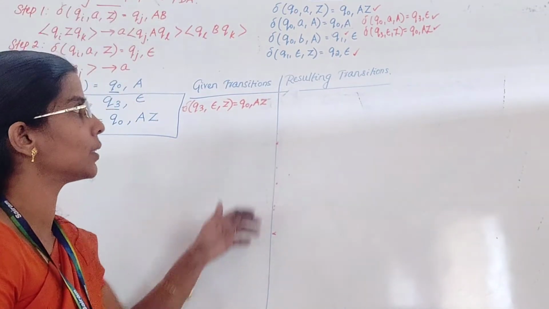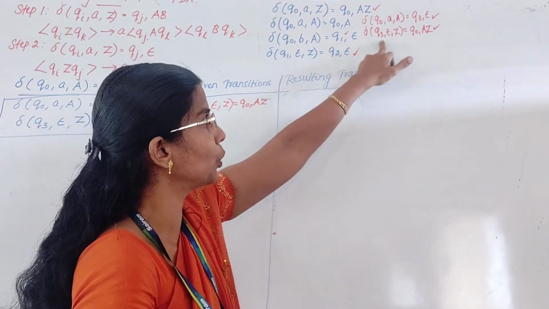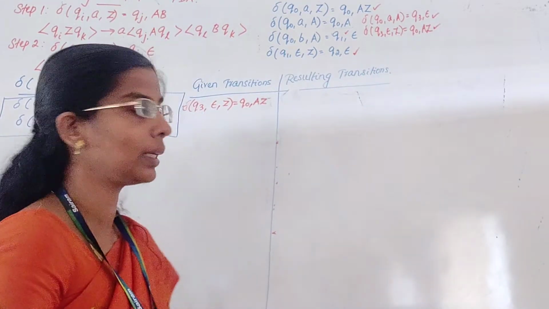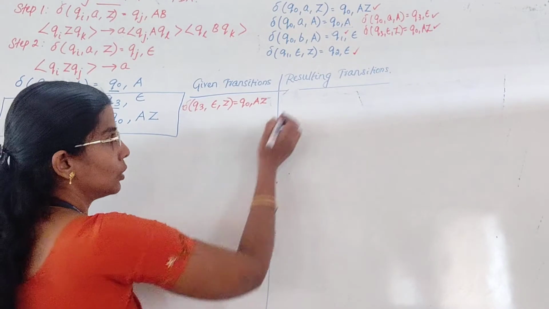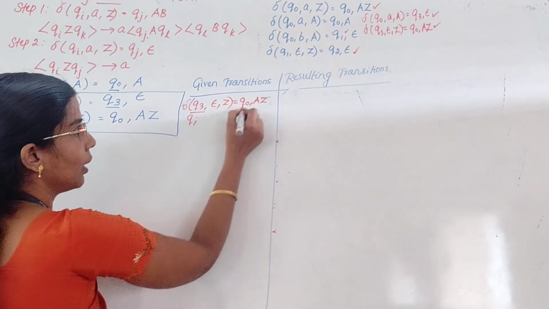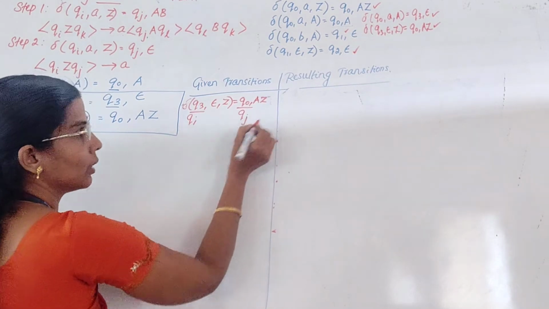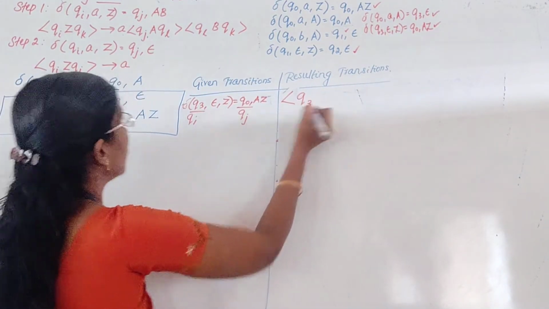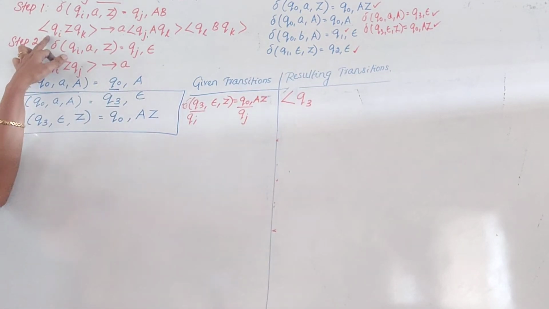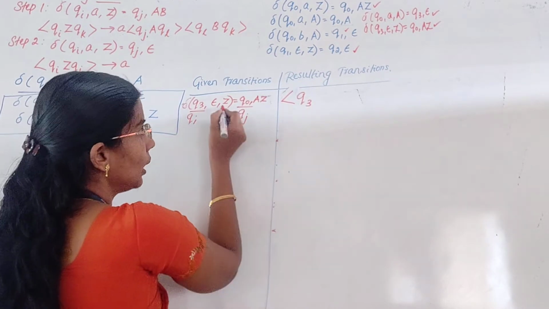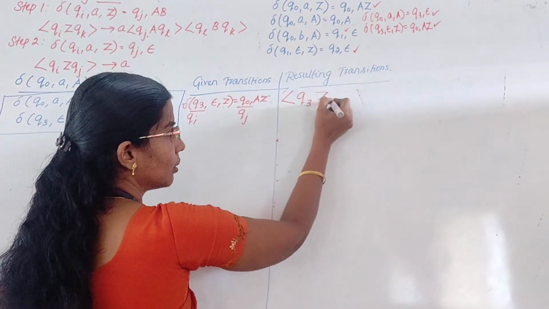See, the next transition is delta of Q3, epsilon, set, which is equal to Q0, A, set. So how to start? This is my Qi and this is my Qj. What is Qi? Qi is nothing but Q3. My stack is set.